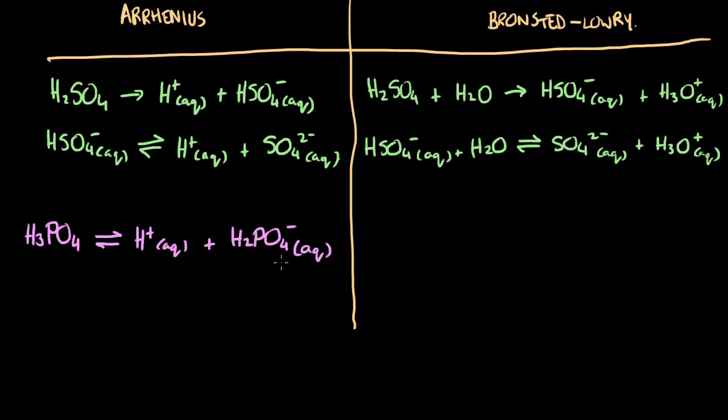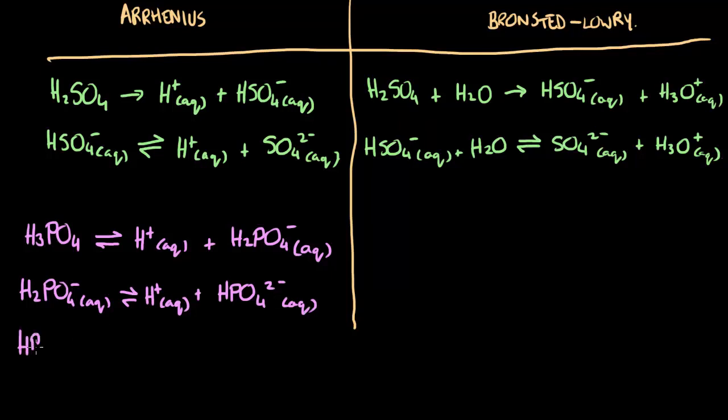The dihydrogen phosphate still has two ionizable protons left, so it undergoes a second step. Once again with a reversible arrow to form H+ and hydrogen phosphate, HPO4 2-. And then the third step is the HPO4 2- loses its last proton.